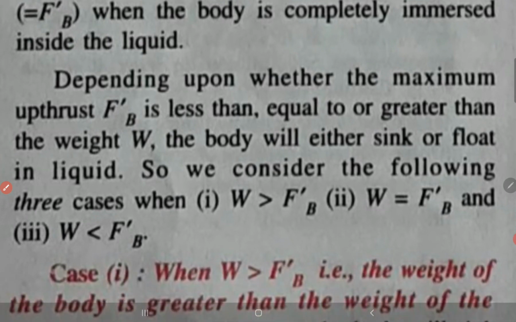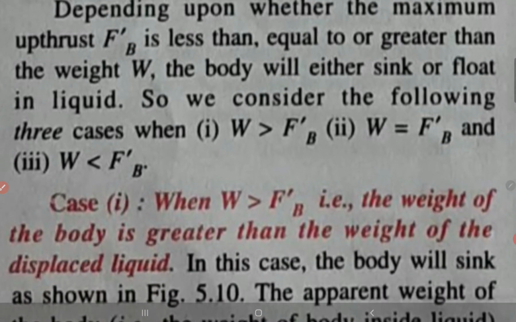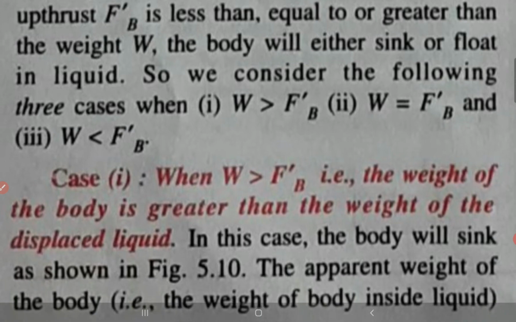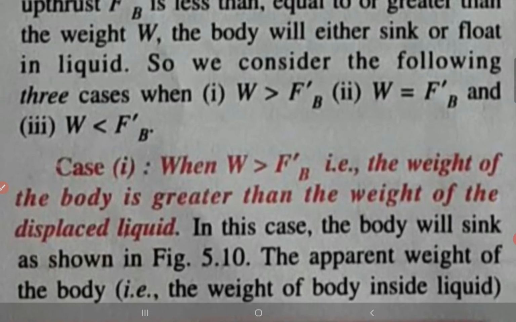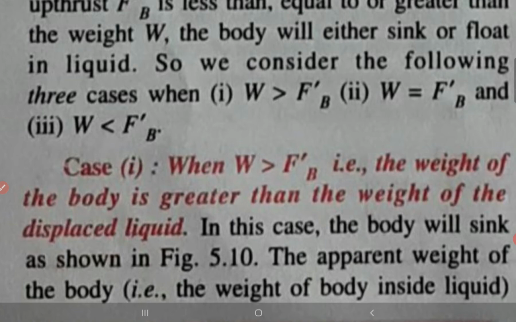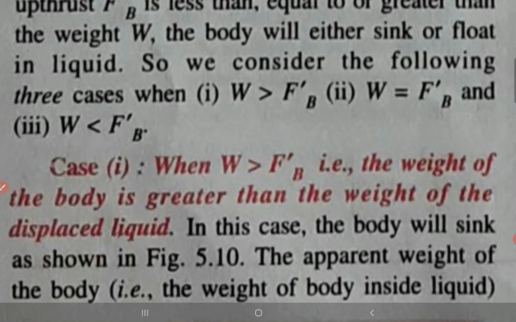So in case 1, when the weight of the object is more than the total upthrust, that is, the weight of the object is greater than the weight of the displaced liquid, the body will sink as shown in figure 5.10. The apparent weight of the body, that is, the weight of the body inside the liquid, as measured by the spring balance attached to the body, will be W minus Fb dash. We have done sums on this also, remember.